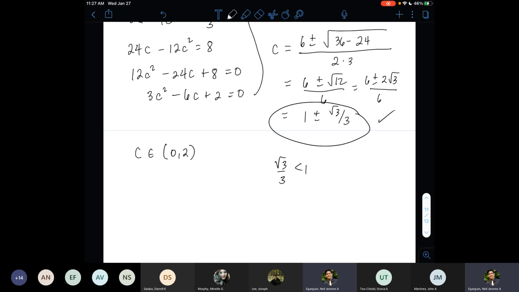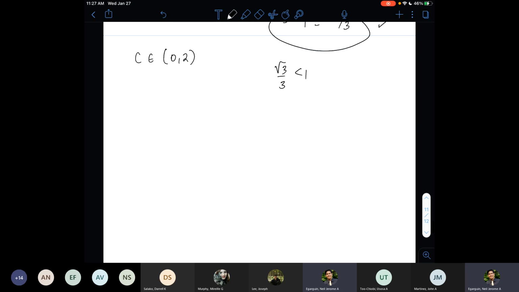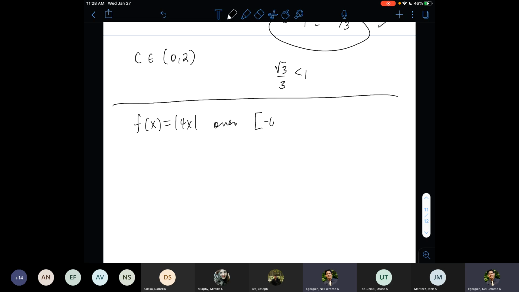Let me see. Herson sent a question. Okay, now in that particular question, you can do a long version of the solution. In that question, you have f of x equals absolute value of 4x over the interval -6 to 6, right?